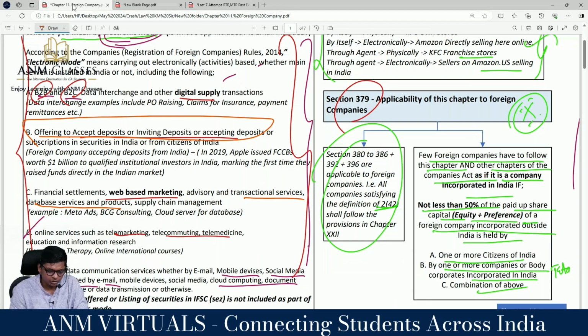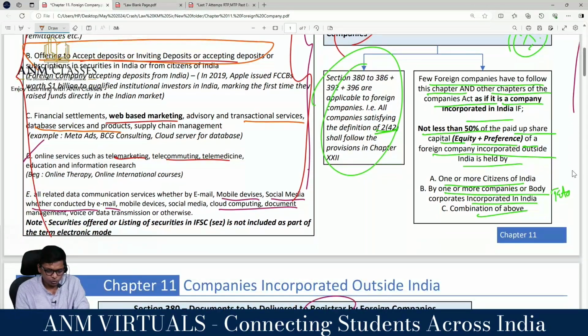Now back to this doubt we have from few students. Note, securities offered or listing of securities in IFSC SEZ location is not included as part of the term electronic mode. What is SEZ? Special Economic Zone.